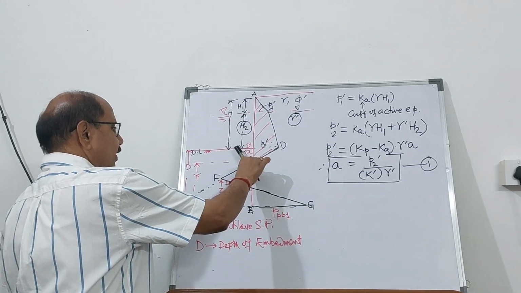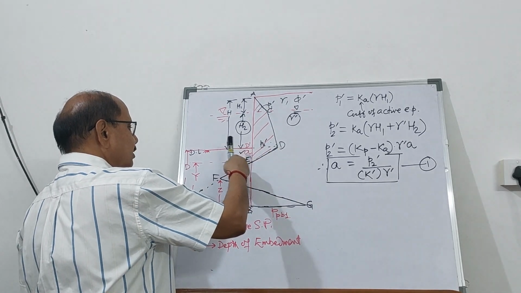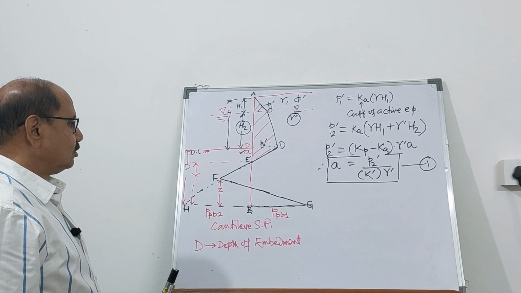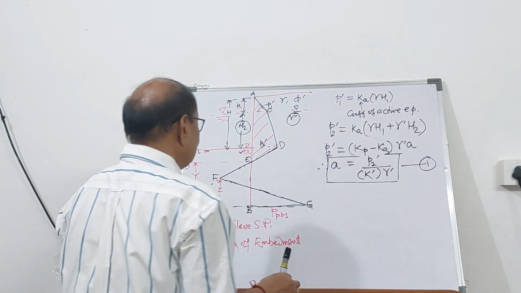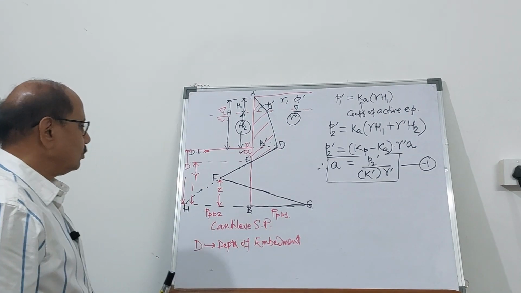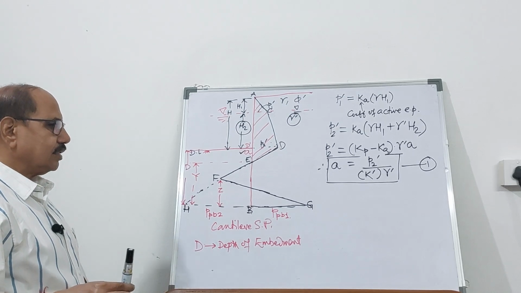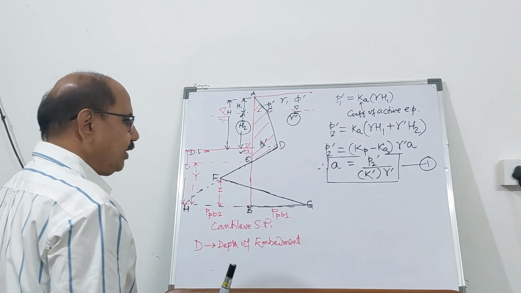Now it is going to deflect like this. So this side it is passive, this side it is active, and therefore now we can calculate further the value of PP.